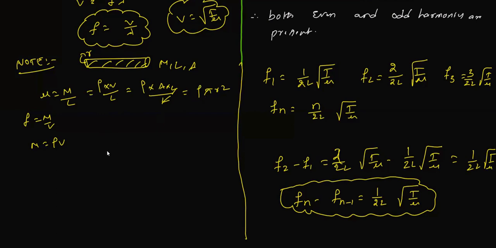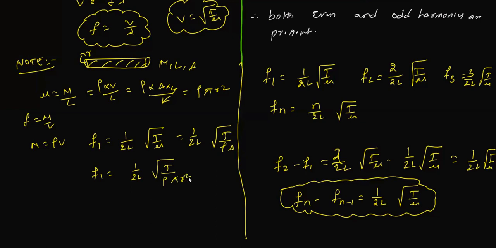Therefore, the frequency equation we got is F1 equal to 1 by 2L into the square root of T by mu. In the place of mu, we can substitute rho A, since L gets cancelled. So F1 equals 1 by 2L under root T by rho A. Otherwise, I can substitute pi r square for the area. The square root of r square gets cancelled, so r can come outside.